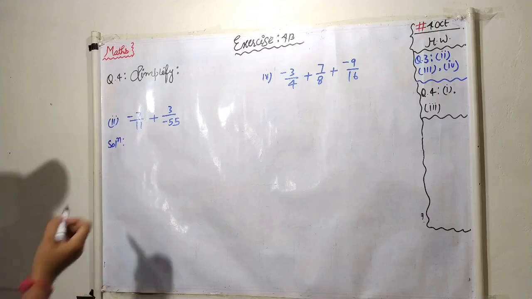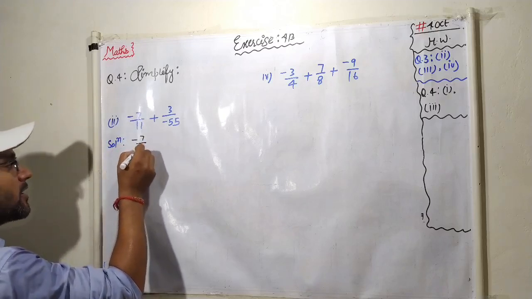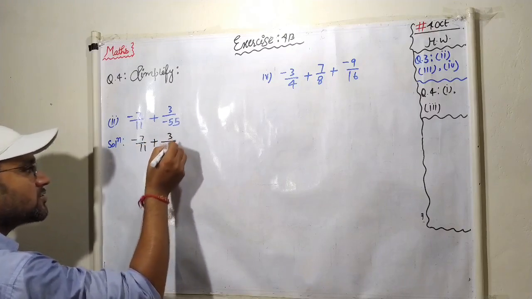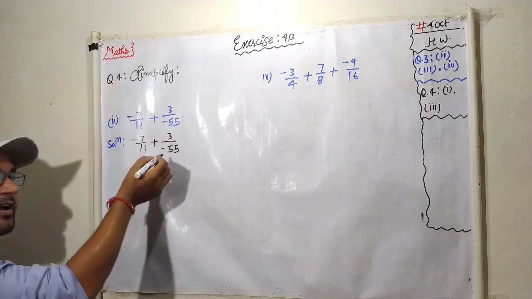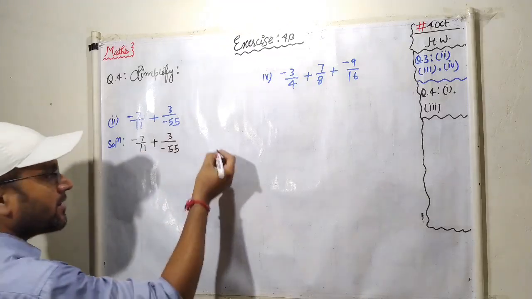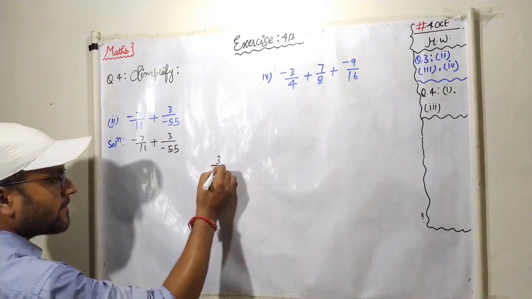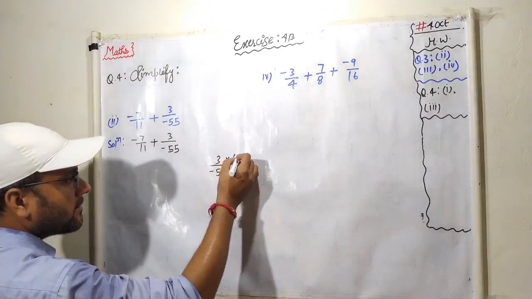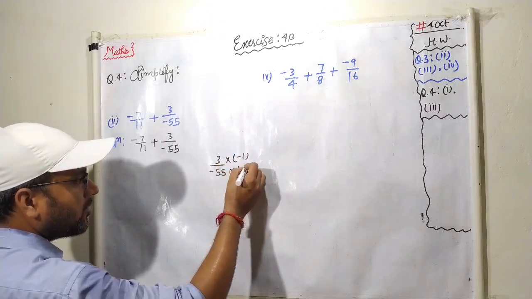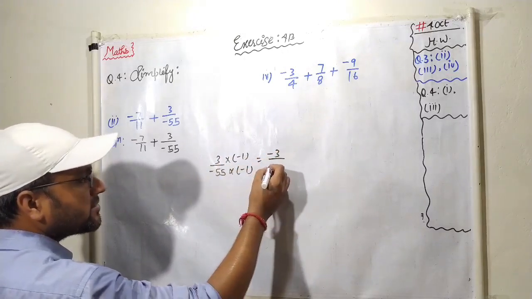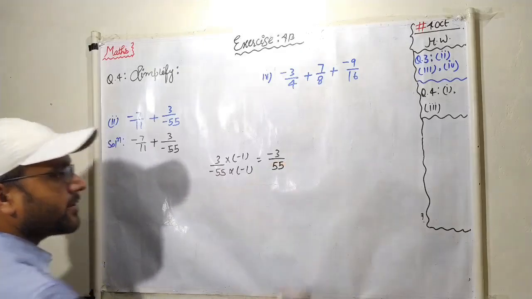Minus 7 upon 11 plus 3 upon minus 55. Our aim is to change this minus 55 into plus 55. Very easy. Multiply with minus 1 in numerator and denominator. You will get minus 3. Minus is multiplied into minus, you will get plus 55.